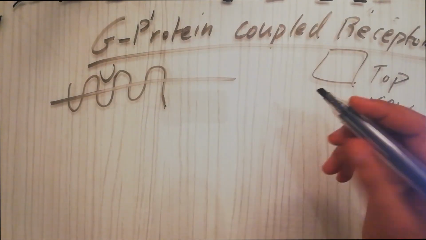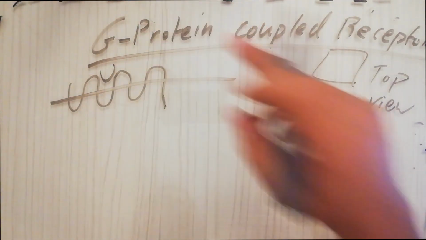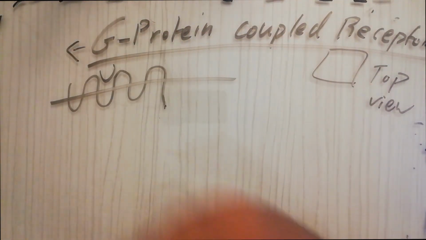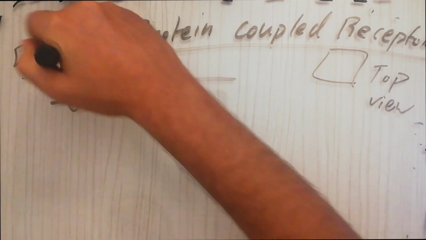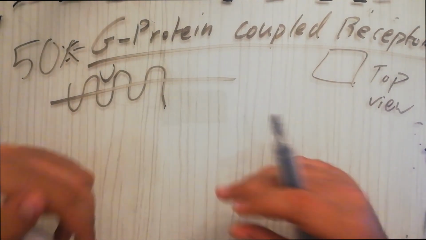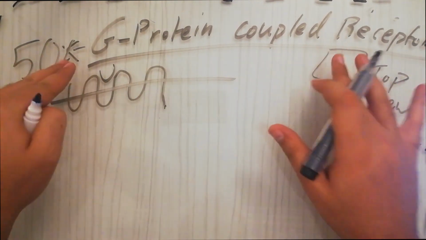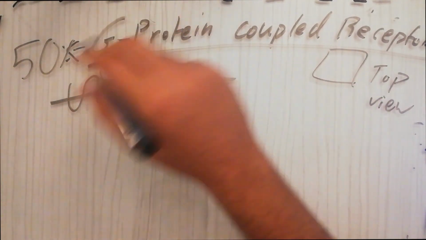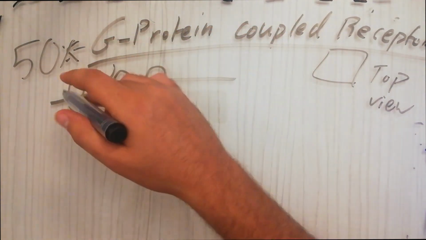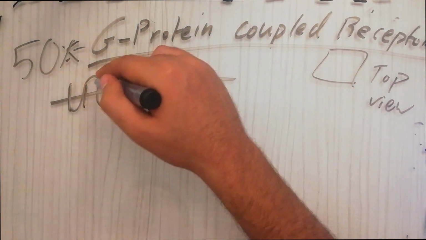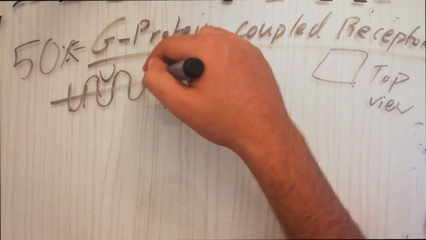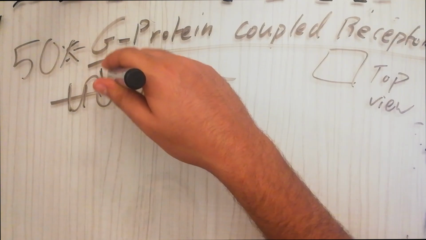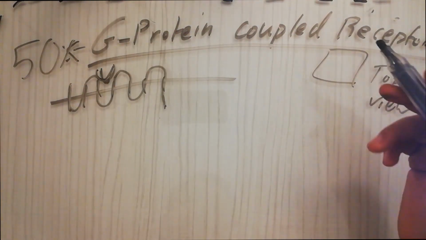The last type of receptor we're going to speak of are G protein coupled receptors. These are very important because more than 50% of drugs induce their effect by interacting with these types of receptors. These receptors are composed of a protein that has 7 regions that span across the cell membrane. On the outside of the cell, on the cell surface, it has a recognition site, which is where the ligand binds.